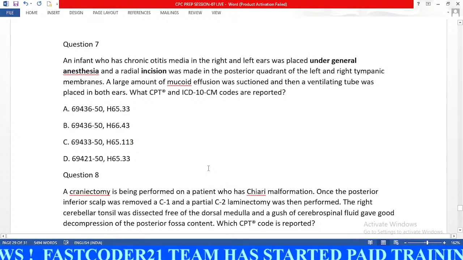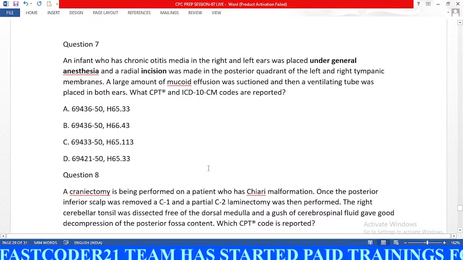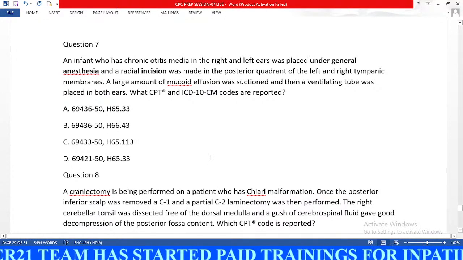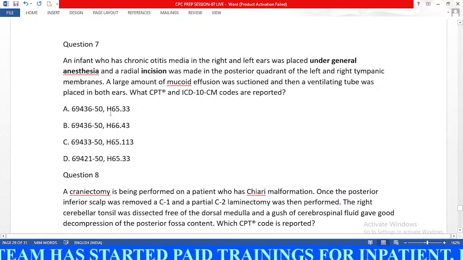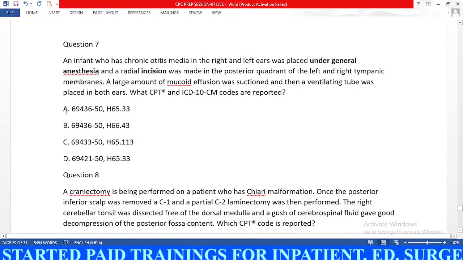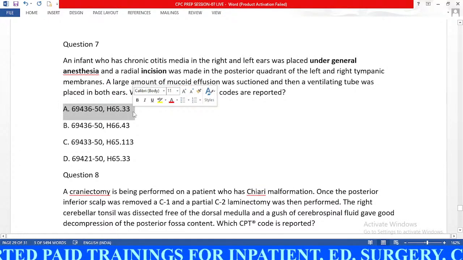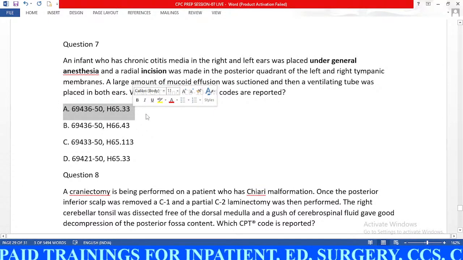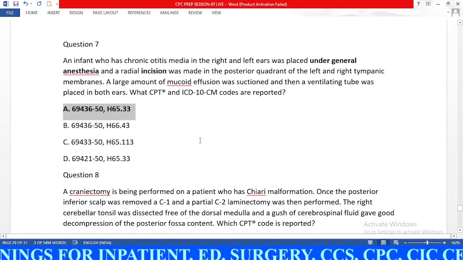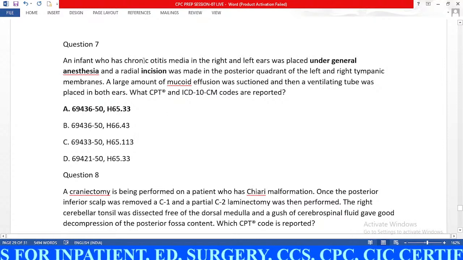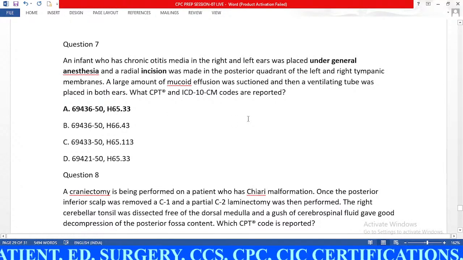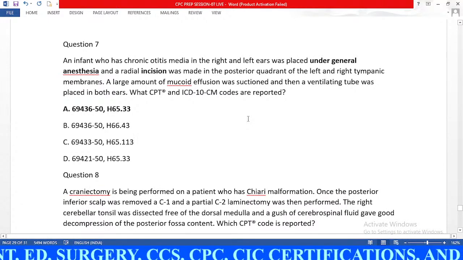But in this question, based on the ICD code, we need to identify the correct code. Here S6533 is the correct answer. So our answer is A, 69436 with modifier 50 as the physician has performed on right and left ears, and S6533 is for chronic otitis media. I think most of the people wrote the correct answer for this. Well done, guys.